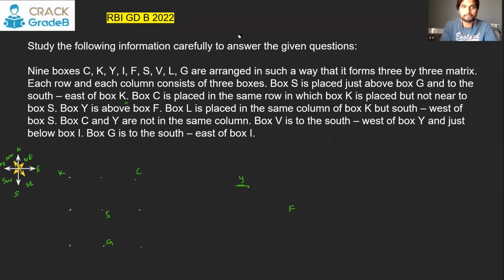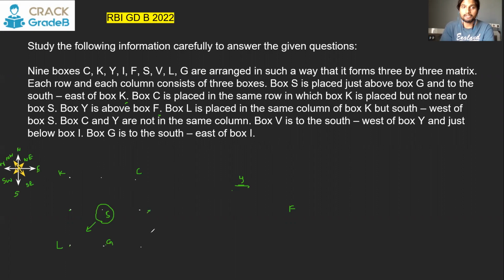Got this? Now, further, L is placed in the same column of K, but southwest of S. Now, S is here, and southwest for S is going to be only this. Only one box is to the southwest of S, and that has to be L. And yes, L, as you can see, is in the same column of K. C and Y are not in the same column. Now, Y has to be above F, and C and Y are not in the same column.